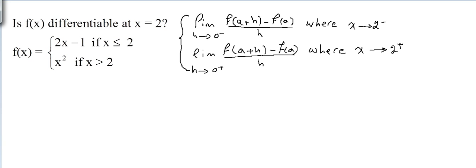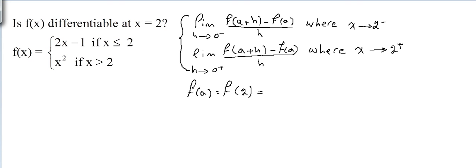Here we have to know if it is differentiable at x equal 2 or not. But in both cases, we have f of a. Where do we find f of a? Here f of a means f of 2, because x equal a, x equal 2. We substitute it in both of them, even if x tends to 2 minus or x tends to 2 plus.